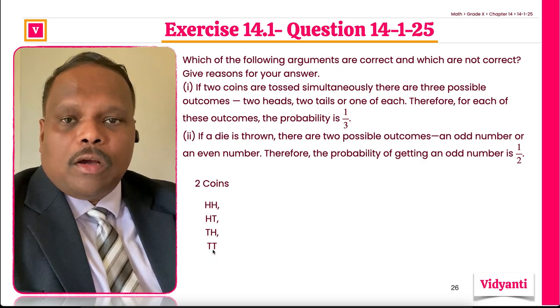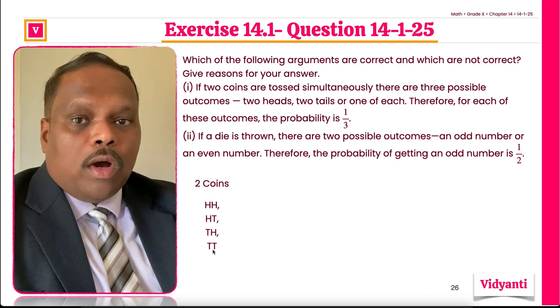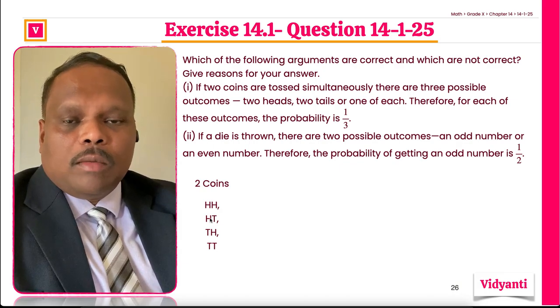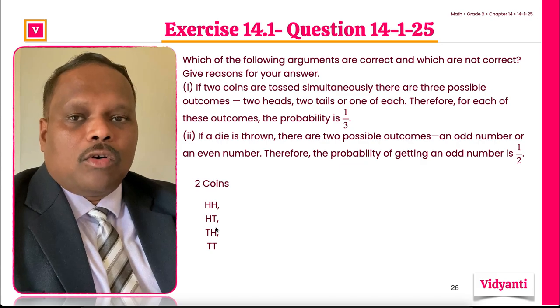Similarly, the probability of two tails is 1 out of 4, so that will be 1 divided by 4. But if you think about one of each, there are two ways this can take place. So the probability will be 2 divided by 4, which comes out to be half.